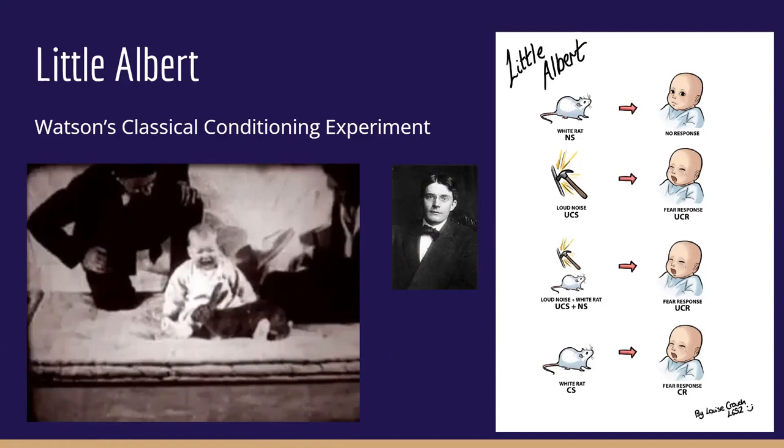But basically, a baby named Albert was not afraid of rats. So the rat is the neutral stimulus. This is not put in the same way as you would commonly see it, but the rat is the neutral stimulus. So Albert's like, I don't know, that's just some random thing.